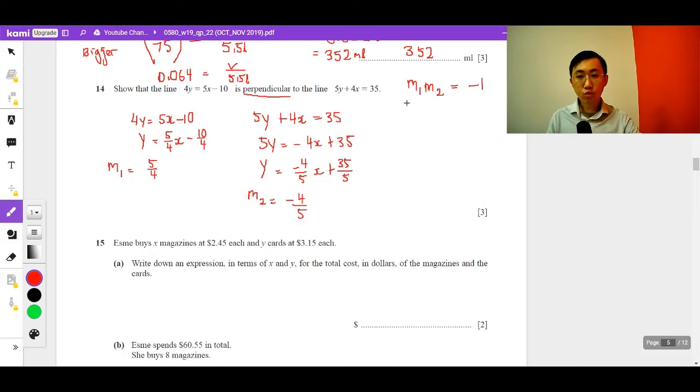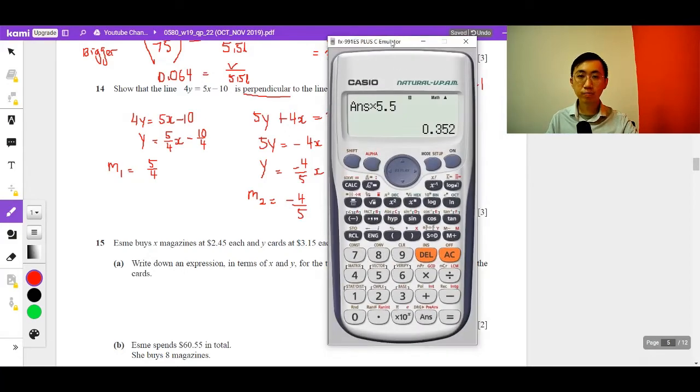And we know this rule says that if the gradients of two lines, A and B, multiply and you get -1, then they are perpendicular to each other. Let us try. So 5/4 times -4/5. You can use your calculator for this just to be sure.